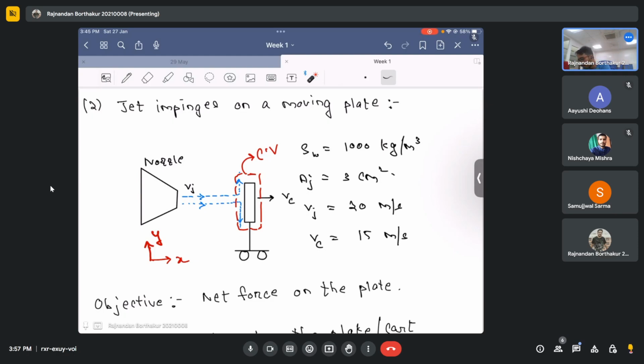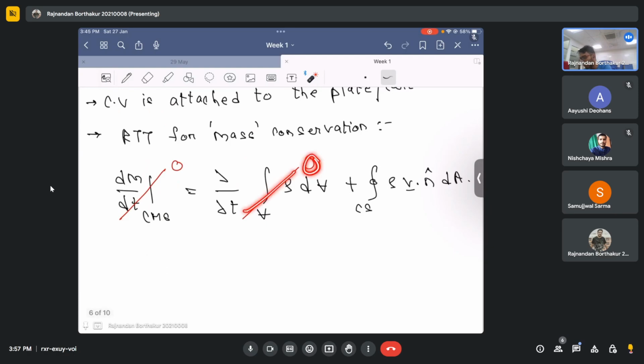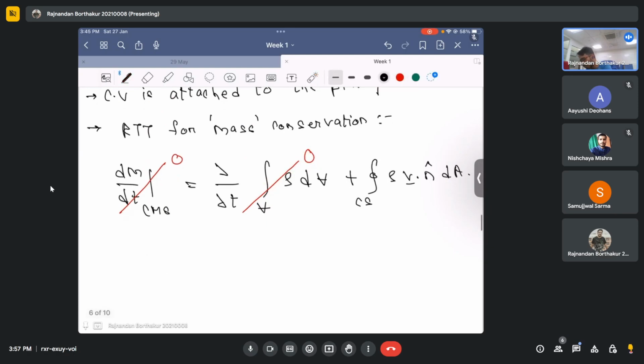But in this case, the control volume that is moving with the cart will not change with time, right? Because this would remain stationary, which means that this term would go out to be 0. So we just end up with the control surface integral of rho v dot n cap dA, which equals 0.